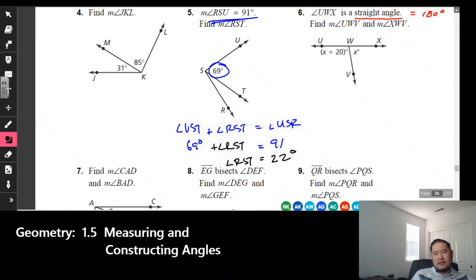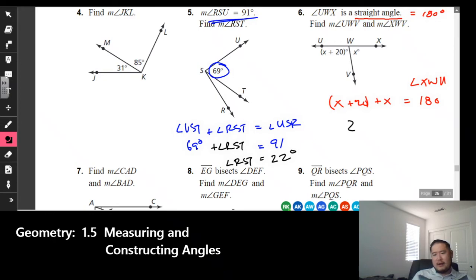So these two small angles combined equal 180. The small angle UWV, x plus 20, plus the other small angle VWX, together equal the whole thing, angle XWU, the straight angle, which is 180 degrees.